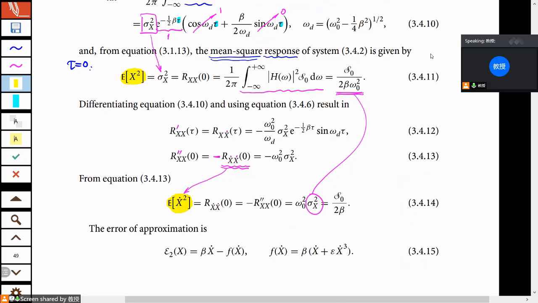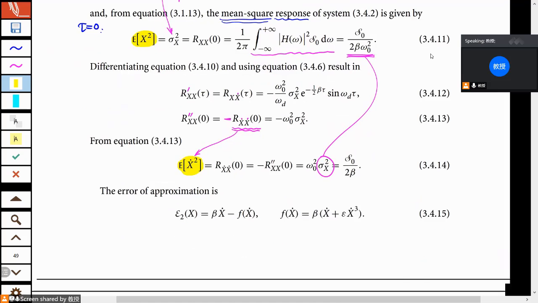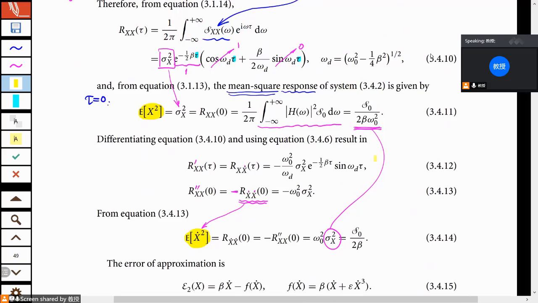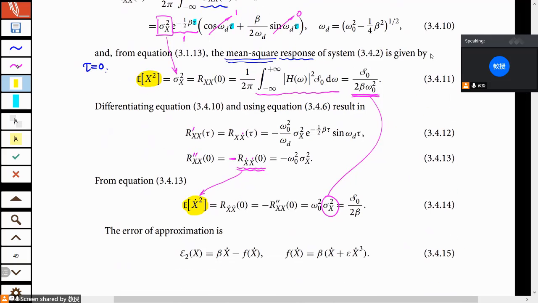Okay, so now the error is beta x dot. This is the equivalent linear term, and this is the nonlinear term.